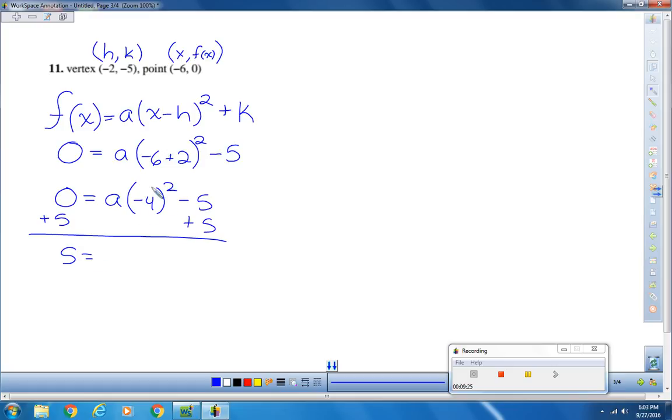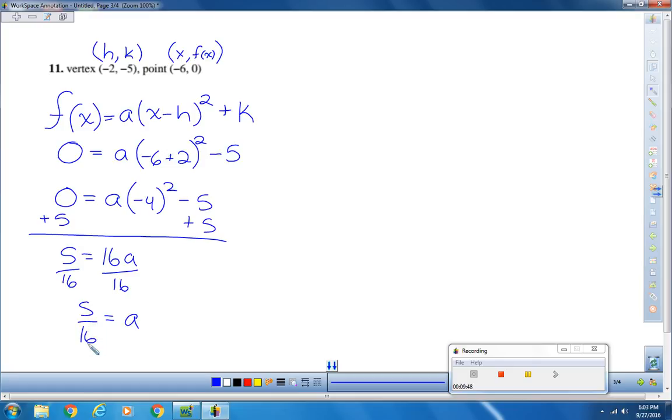And when I square negative 4, I get 16. Don't make the mistake of plugging negative 4 into your calculator and getting a negative 16. We know that a negative times a negative is a positive. If I divide both sides by 16, I get a is equal to 5/16.